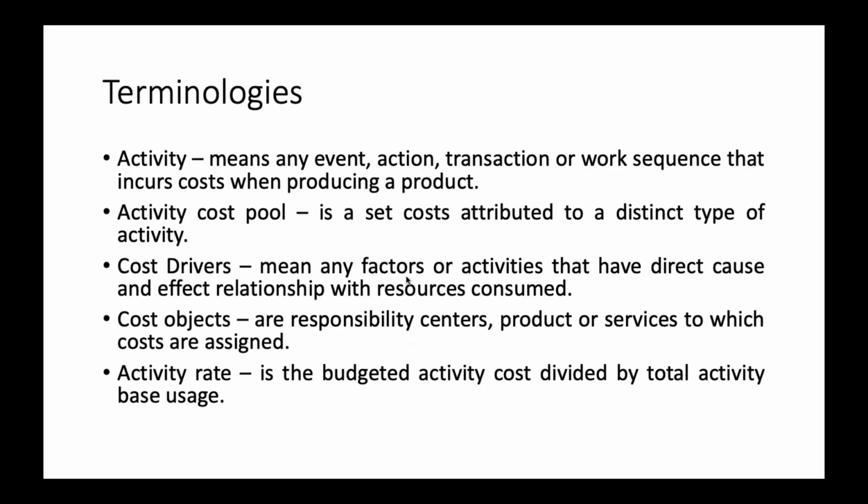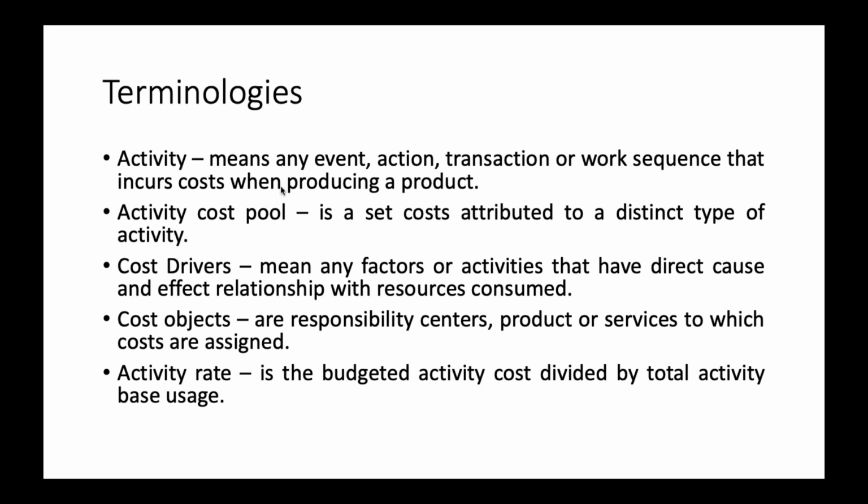When we say activity, this means any event, action, transaction, or work sequence that incurs cost when producing a product. Activity cost pool is a set of costs attributed to a distinct type of activity.